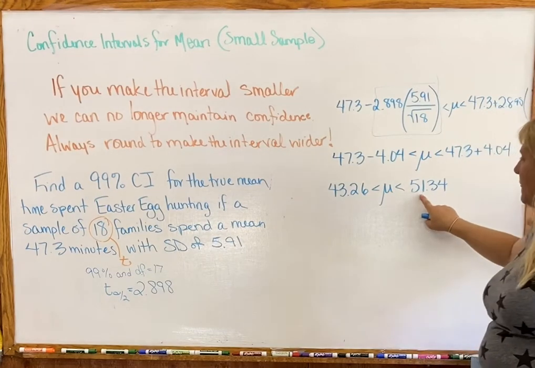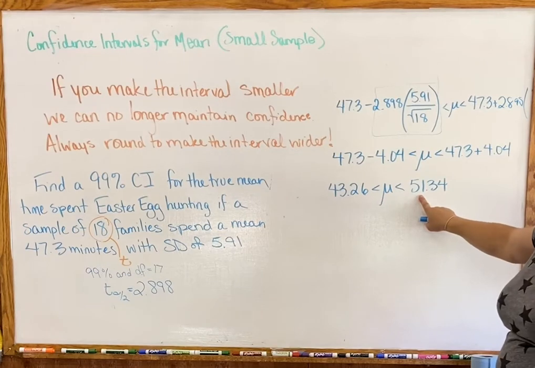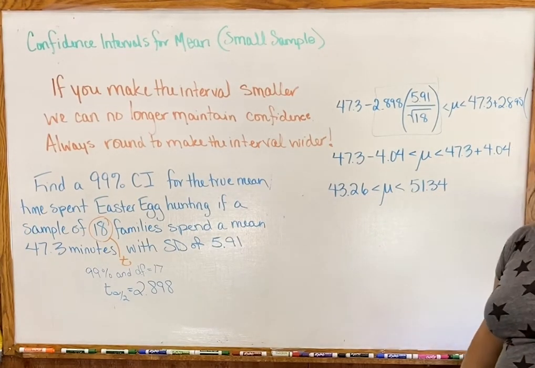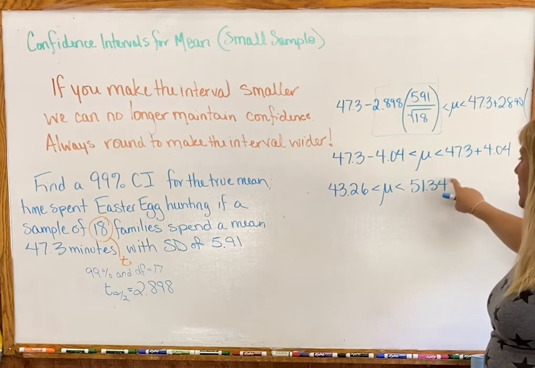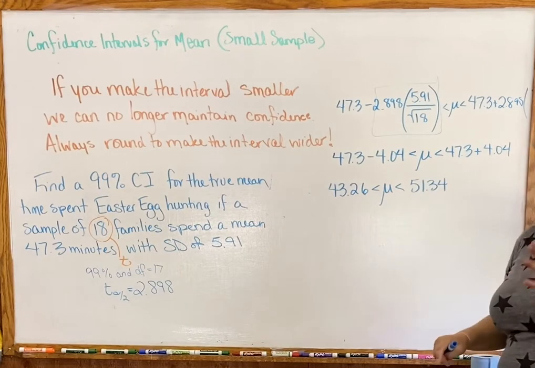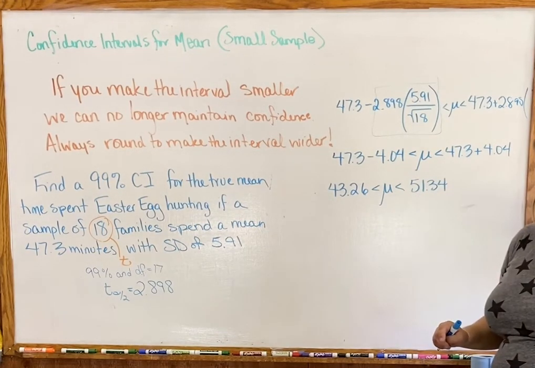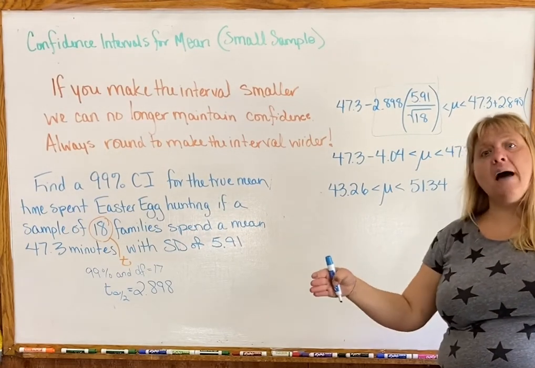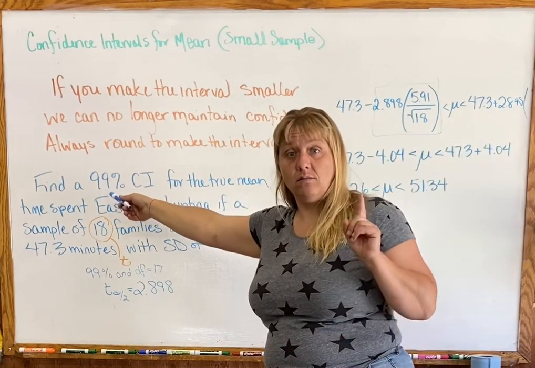But up here, this would round to 51. That is not fine because the actual interval endpoint is 51.34. So by rounding off that 0.34, if you just wrote it as 51, you are pulling in your interval just a little bit, but just enough that we lose our 99% confidence, okay?